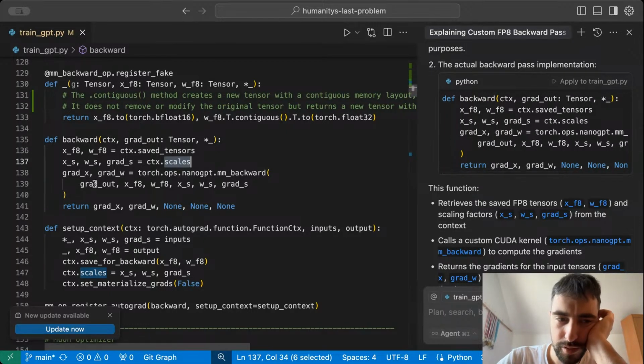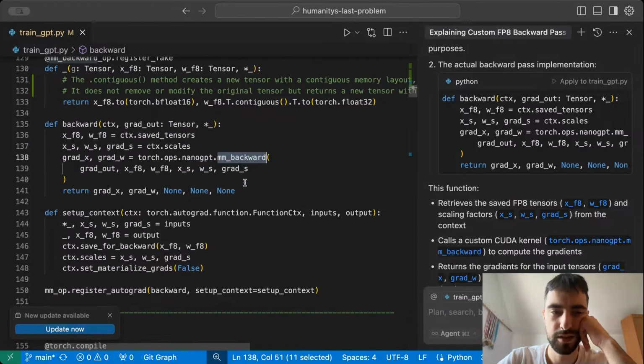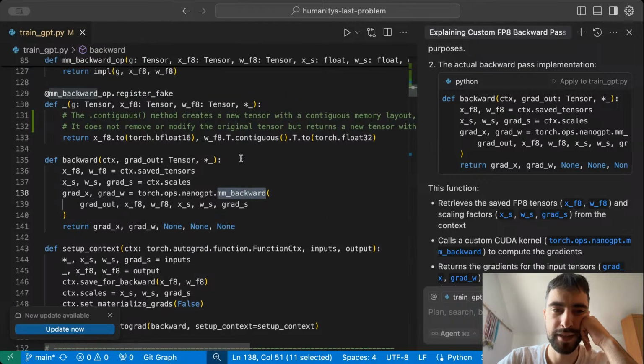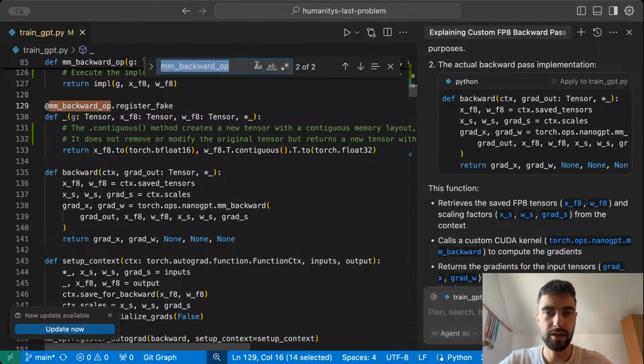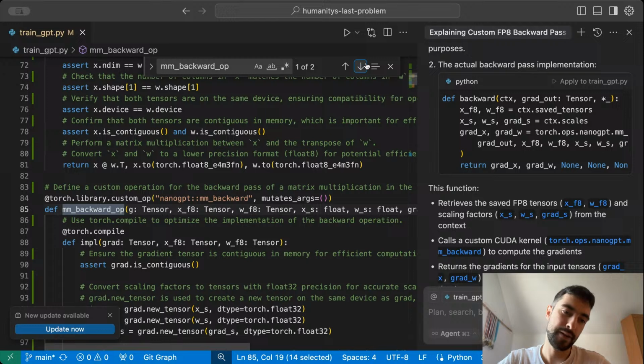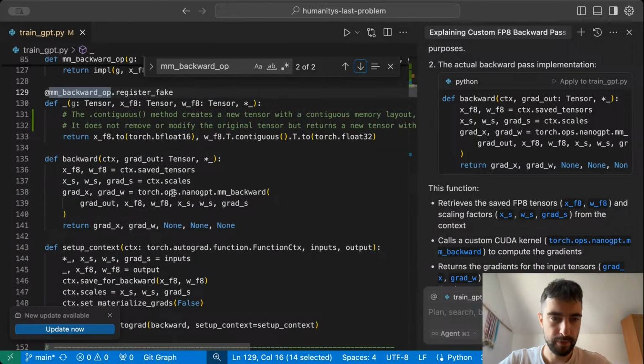Grad W, grad X, ops, nano GPT, mm backwards. What? I guess this is defined somewhere. So we are registering the fake function here. Let me just check. This is, yeah, defined here. Backward. So it's gonna be ops, nano GPT, yeah, that's it.